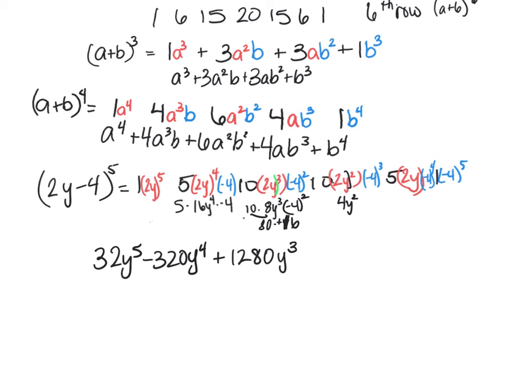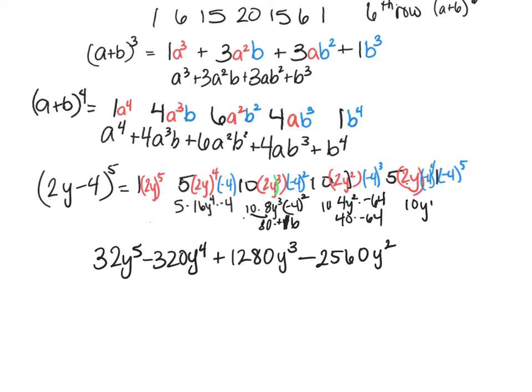Sorry, I put my parentheses in the wrong spots. And then that's times 10 times negative 4 cubed is negative 64. So that's 40 times negative 64, which is minus 2,560y squared. And then we have 5 times 2y, which is 10y.